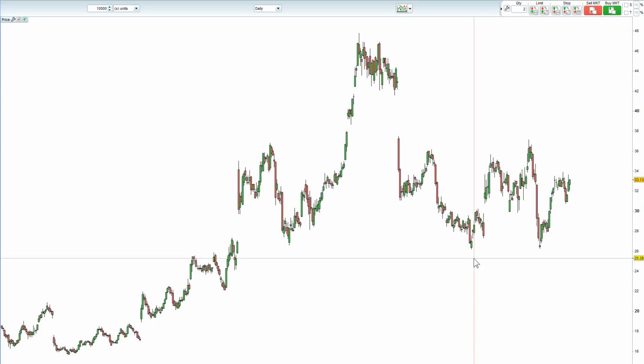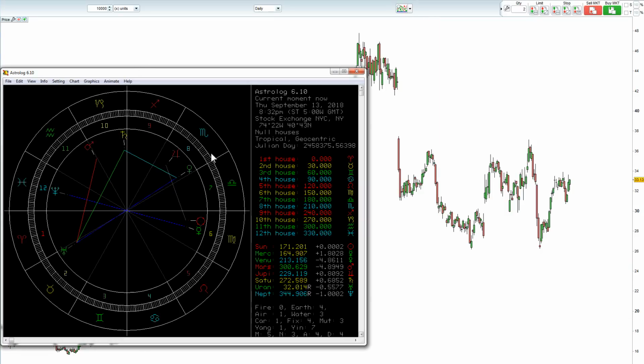So let's do that. We have the first day of the sideways move right here, September 7th, 2018. And we have right here the Sun and Jupiter kind of in a relationship, the Sun in opposition to Neptune, and Mercury trine Saturn and Uranus right there.